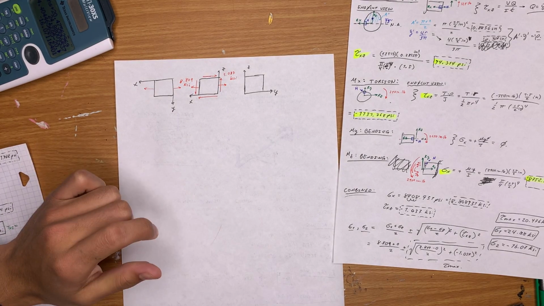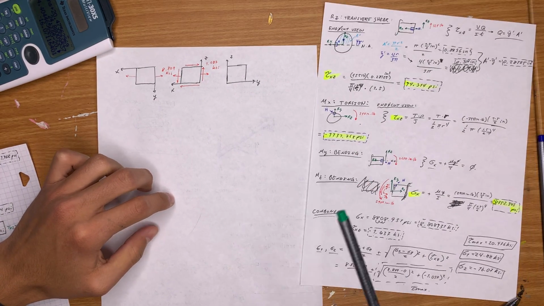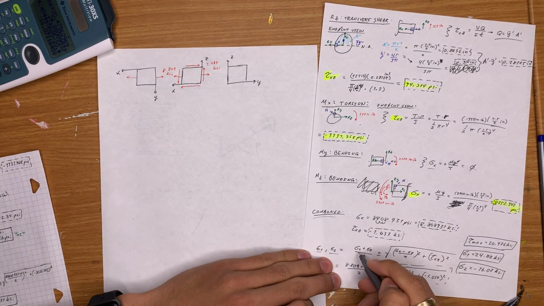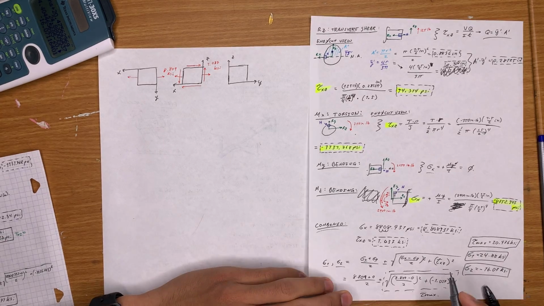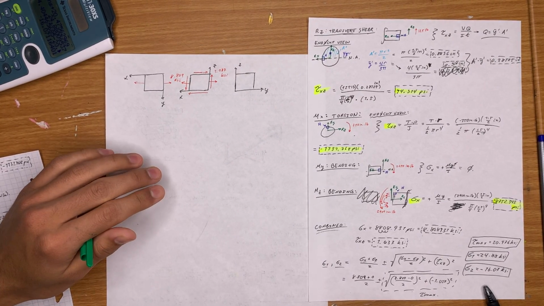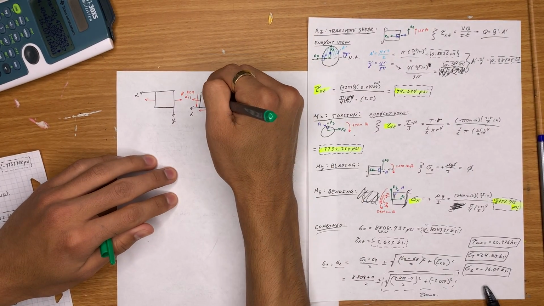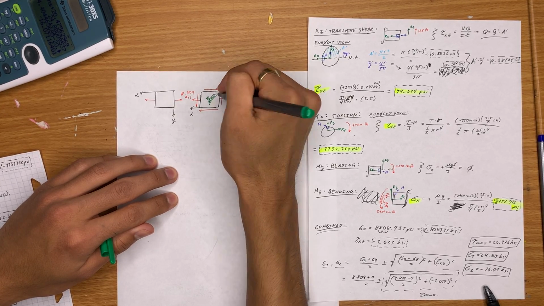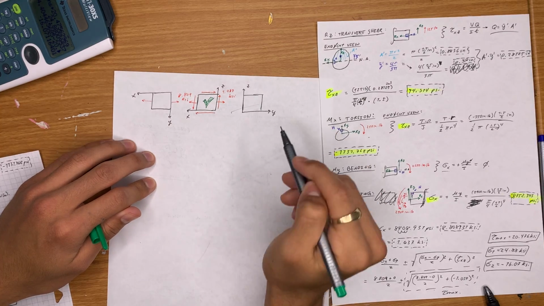And we need to analyze the plane. We already did. We chose X and Z in our principal stress equation. The reason we chose this is because this plane has the most stress acting on it. This one has none.